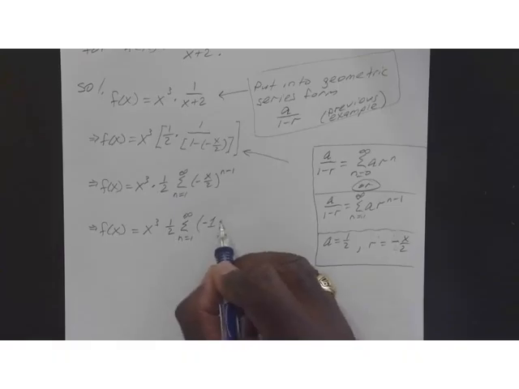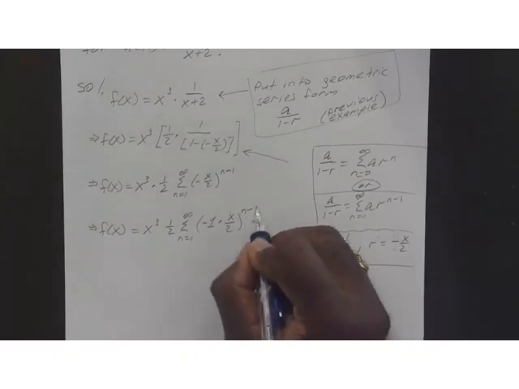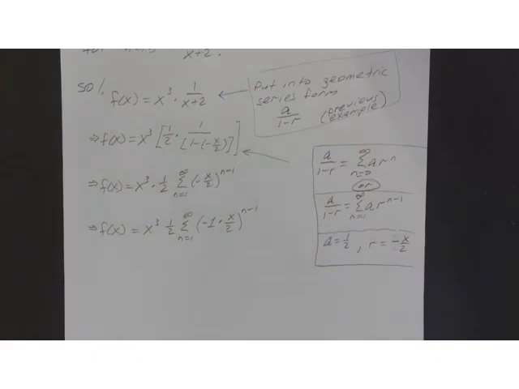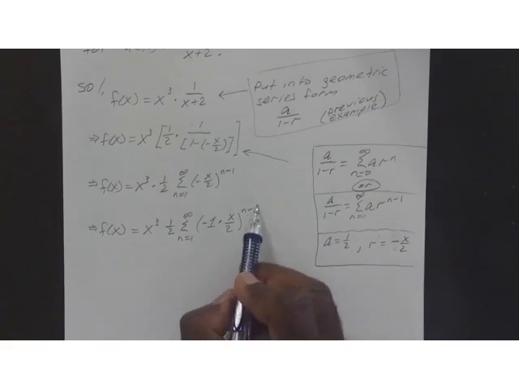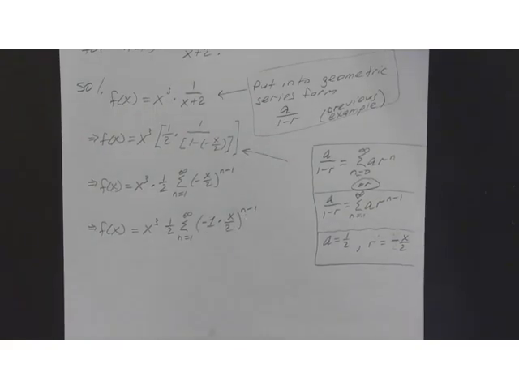Okay, so if we apply this exponent to both of the factors, that'll be -1 to the power of n minus 1.